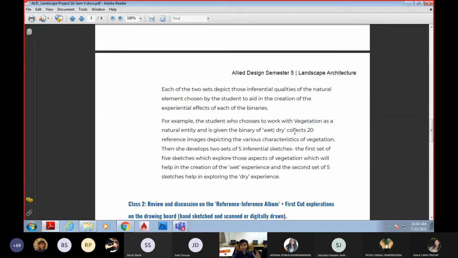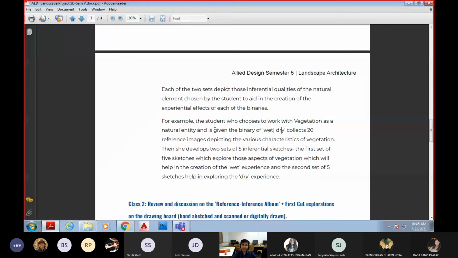She collects 20 reference images that depict the various characteristics of vegetation. Out of the 20, maybe 10 speak about wetness, 10 speak about dryness. It doesn't even have to be 10 and 10, it could be 8 and 12, it could be any.